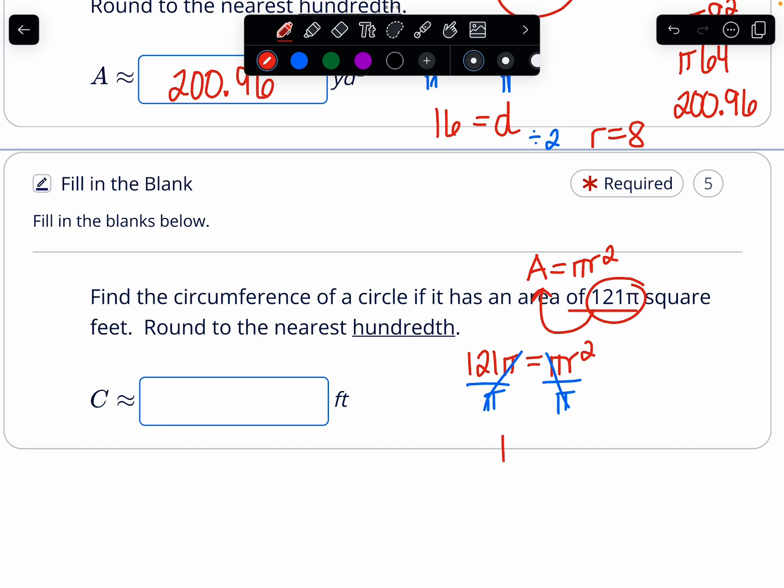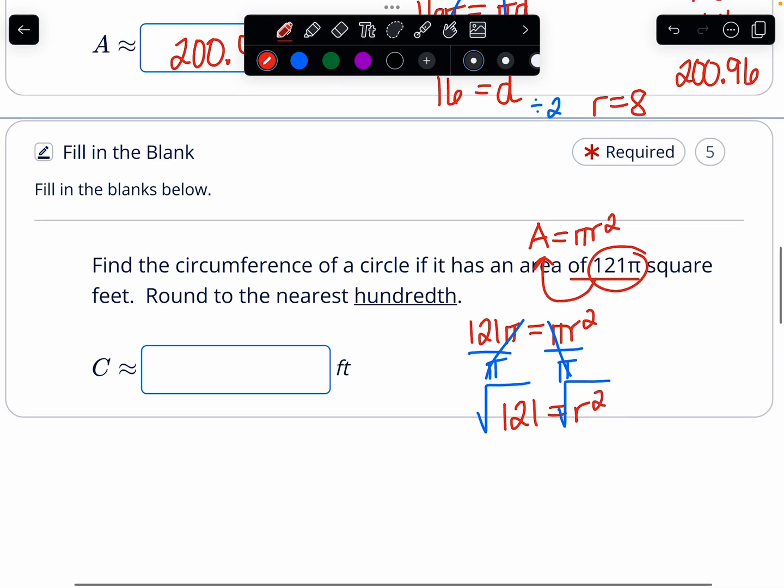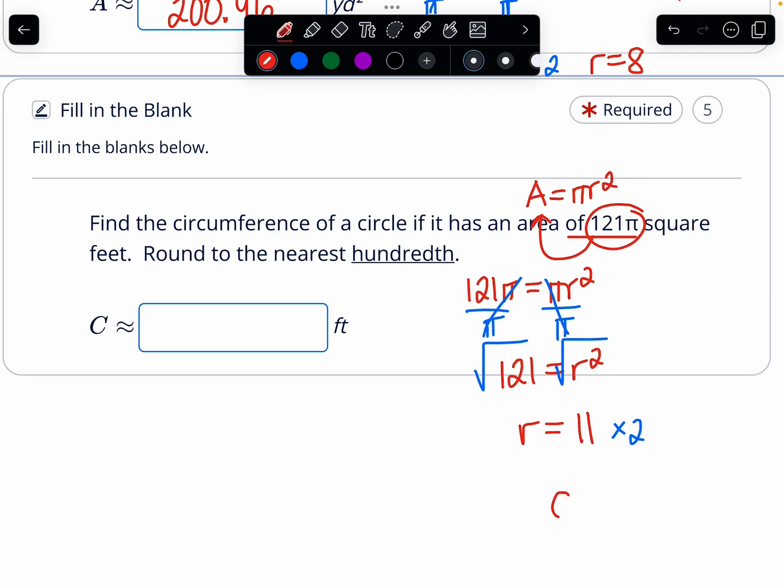And that tells us that the radius squared is 121. Can you think of a number that when you times it by itself or square it is 121? Well, if you can't, you can square root both sides, but you should recognize 121 as 11 times 11. So our radius is going to be 11. And if we double that, that'll make the diameter 22.